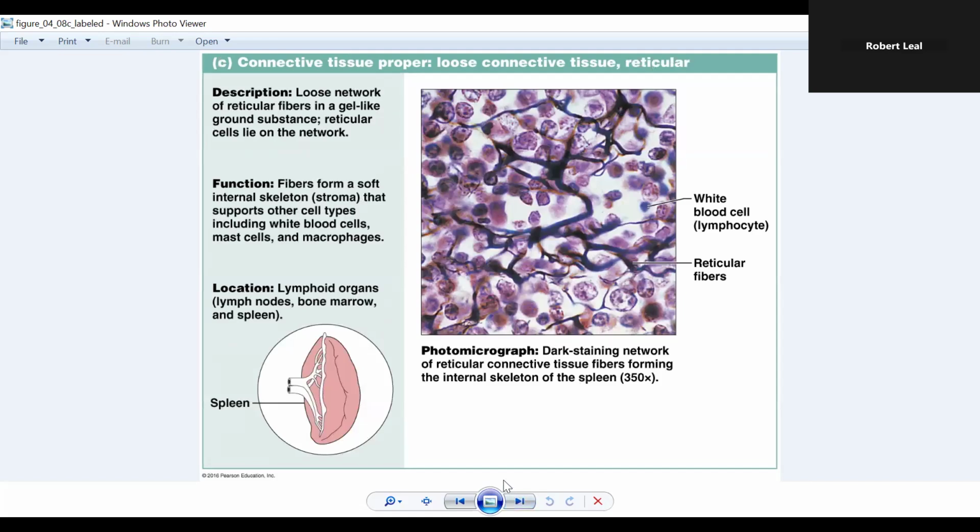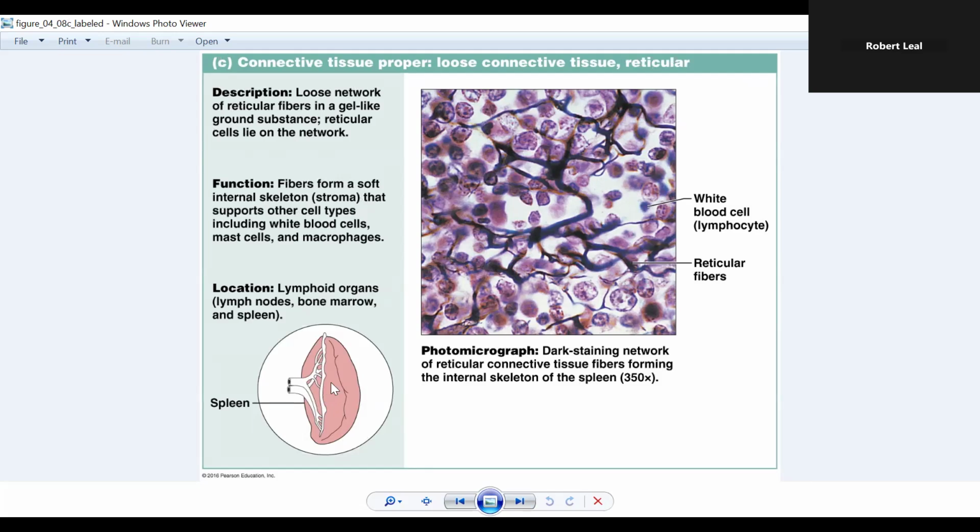All right, another type of connective tissue here is called loose reticular connective tissue. So in other words, the type of fibers that you see in this type of tissue are reticular. You find this within your lymphatic organs, in this case, like your spleen, also your lymph nodes.